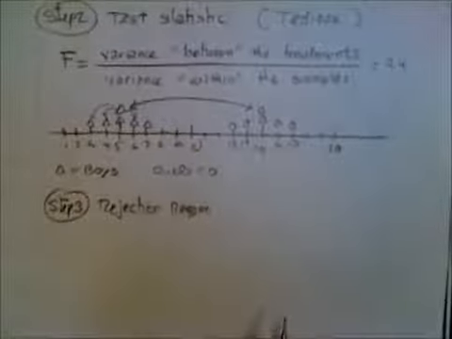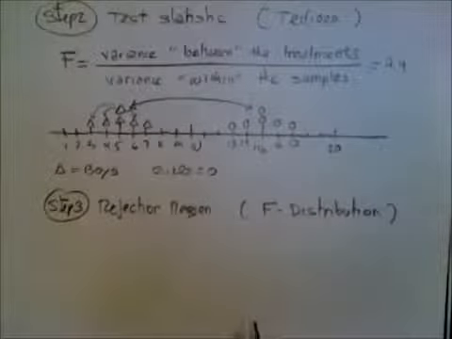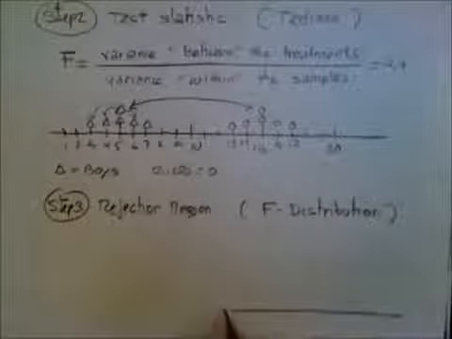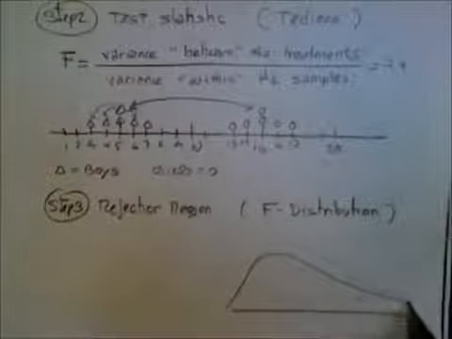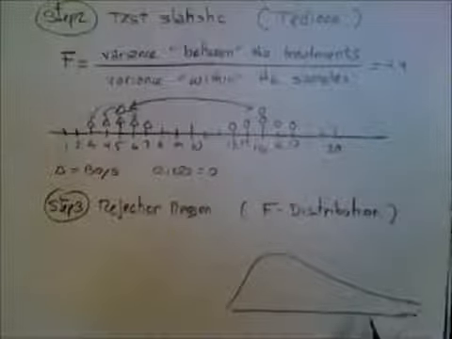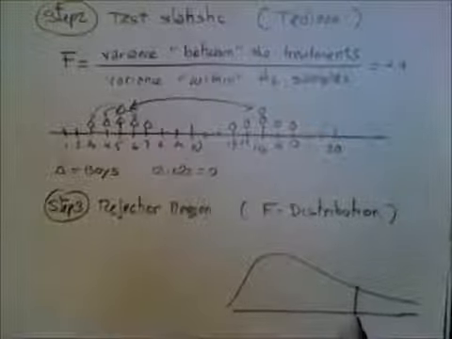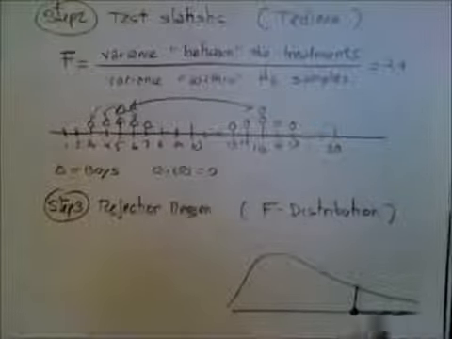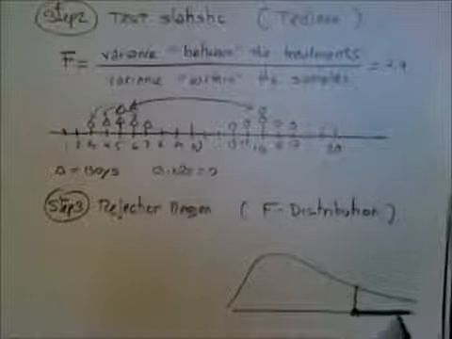So for the rejection region, we are going to use the F distribution. And the F distribution is not like the normal distribution, is not like a bell. It looks something like this, skewed to the right. And the rejection region will be always to the right.